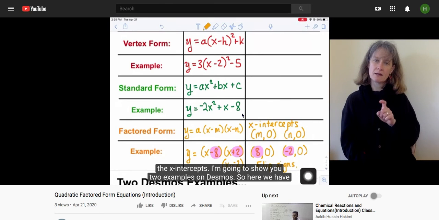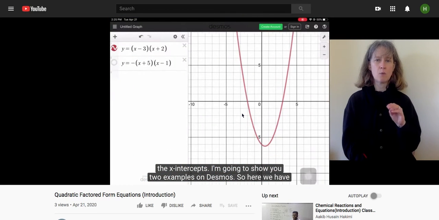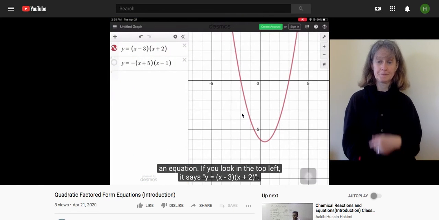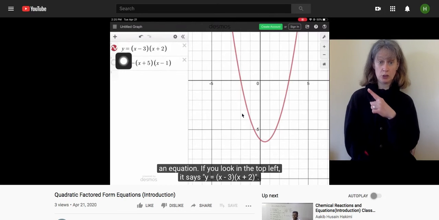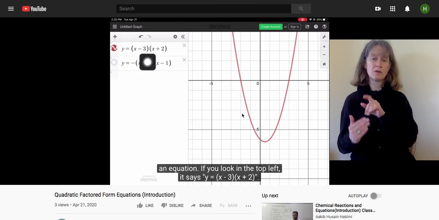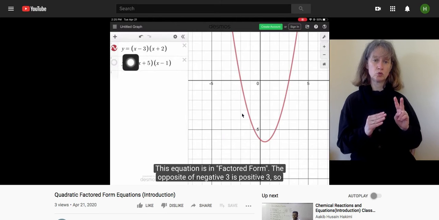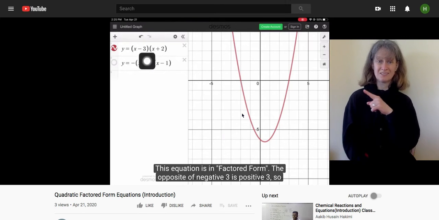I'm going to show you 2 examples on Desmos. So here we have an equation. If you look in the top left, it says y equals (x minus 3)(x plus 2). This equation is in factored form.